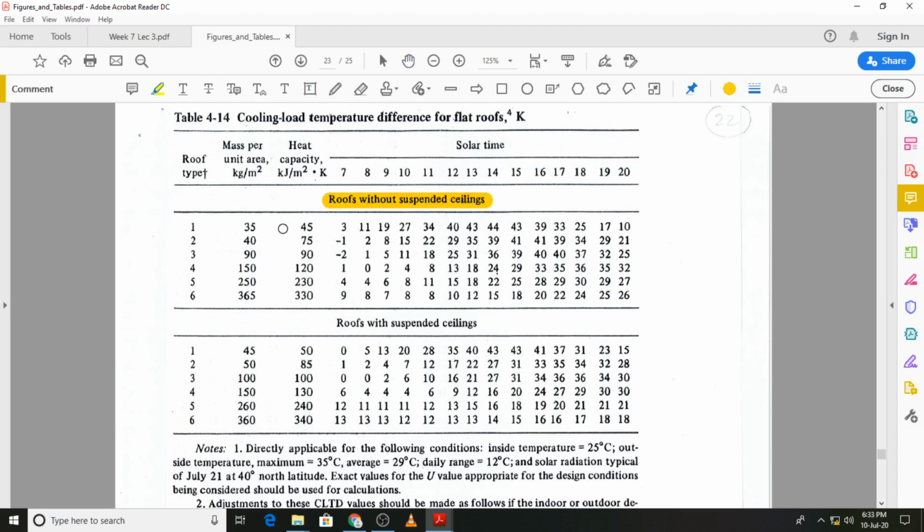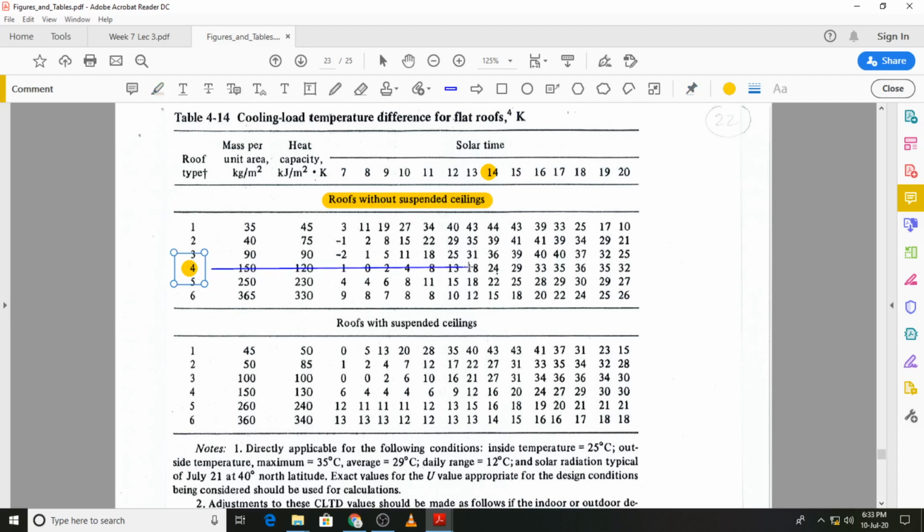We are also given the roof type, roof number 4, which has also been marked out. Now you have the time, and we need to find the cooling load at 1400 hours. So you can see this is the column that you will read the value from, and once we have the right roof type and the time, we can find the CLTD value.